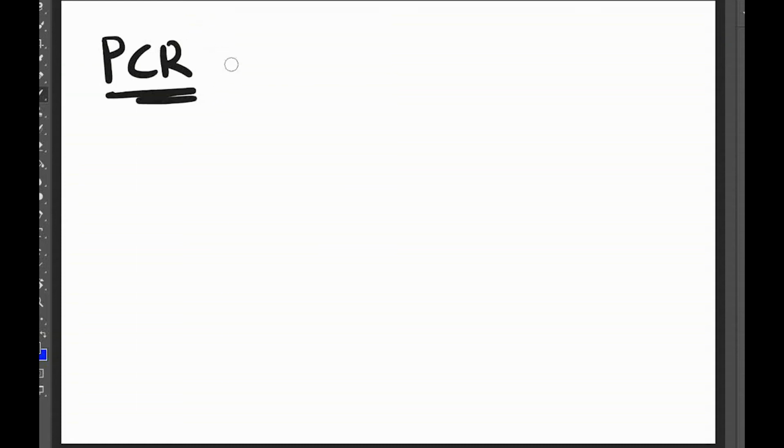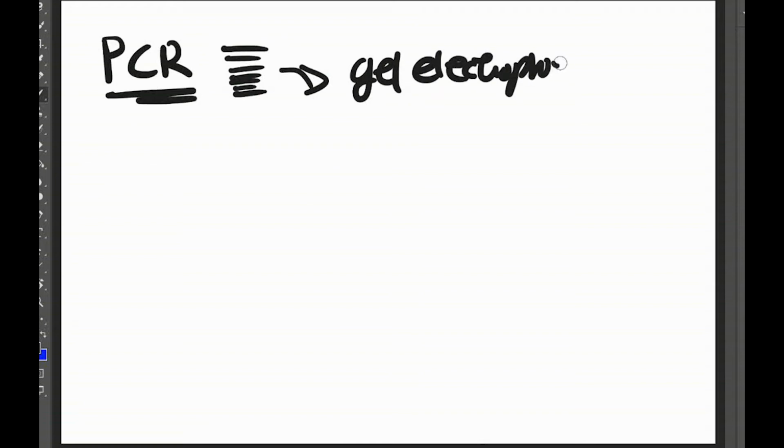After PCR, we're going to get these strands of DNA, and we're going to put them in gel electrophoresis. I hope you recall gel electrophoresis because it was at the front of this video. If you can't, it's seriously a problem.